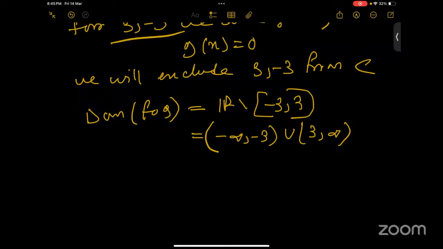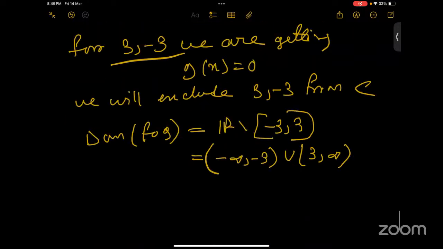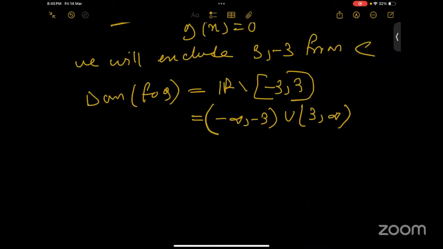Instead of a closed bracket, you have to put an open bracket, because 3 and minus 3 were included in C and now we want to exclude them.